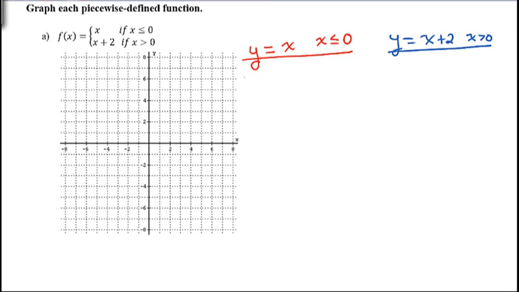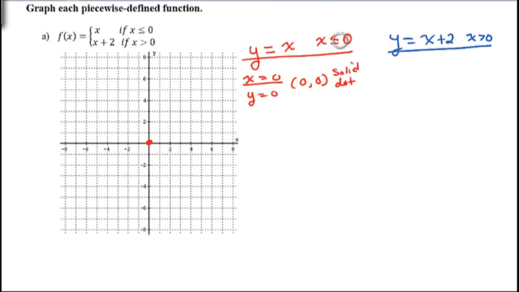So we're going to put 0 into this to find a point. If x is equal to 0, then y is equal to 0. So we get the point 0, 0. This has an equal sign for x equals 0, so this gets a solid dot at the point 0, 0.